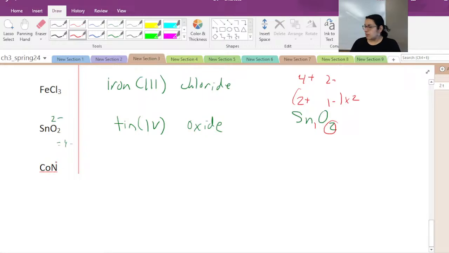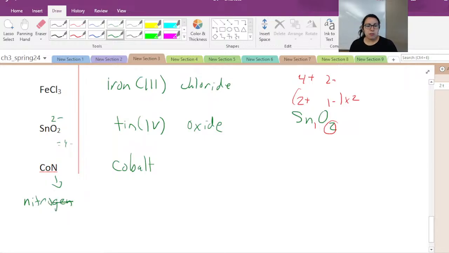And then what about this last one? What do we get for the name? It's cobalt, and then I was confused on if it's nitrolide or nitrogen oxide. So nitrogen, it's the same. This one always confuses people. I don't know why.